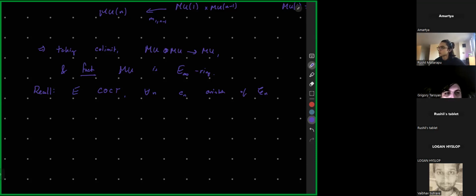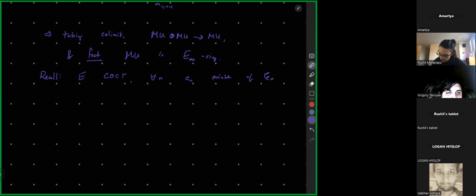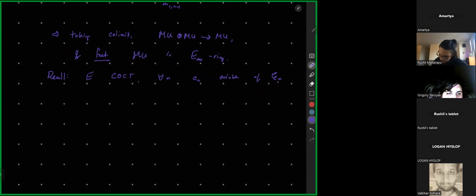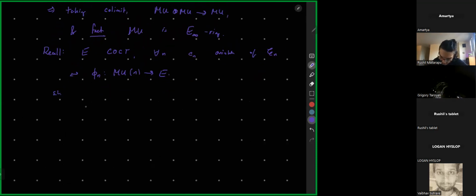So we know that any complex orientation of zeta n is equivalent by definition, or by construction, to a map from MU n into E. And these satisfy the following conditions.